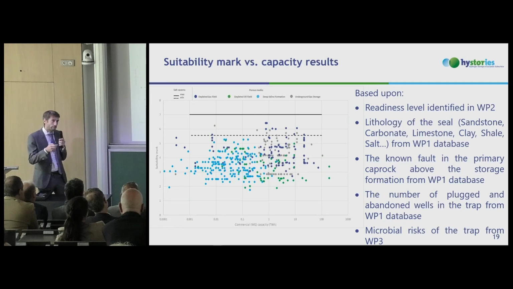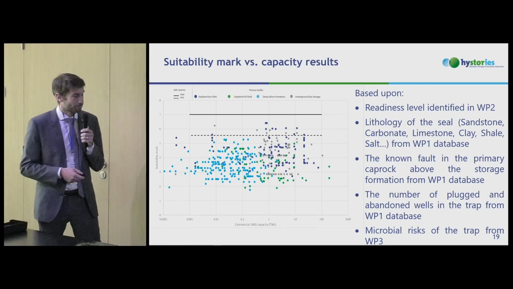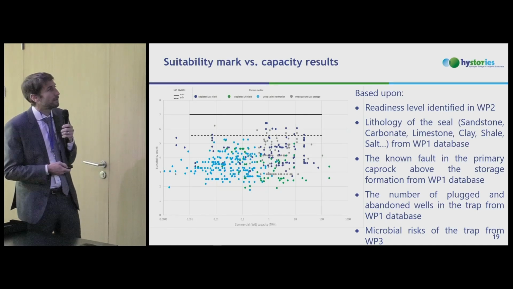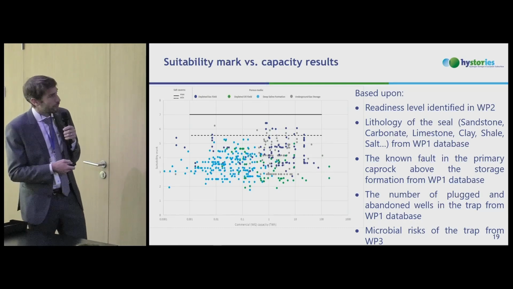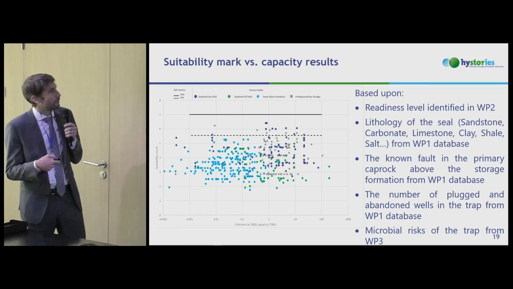And also a lot of expert opinion from Jan for all the porous media behind that, because the data was not always complete. So it was done for porous storages, the 800 points again, and also for salt caverns.